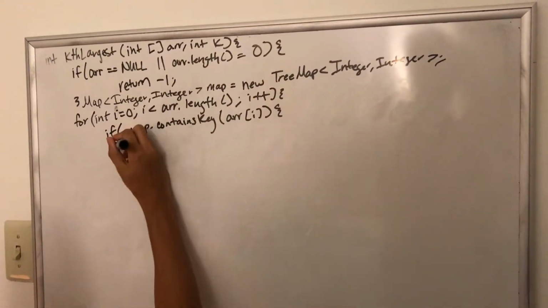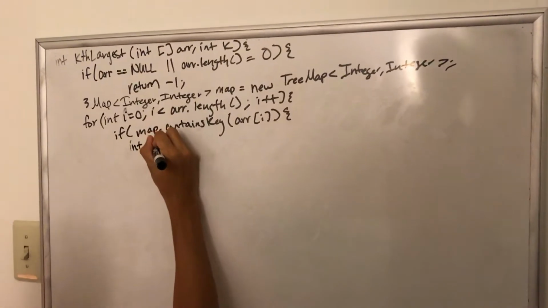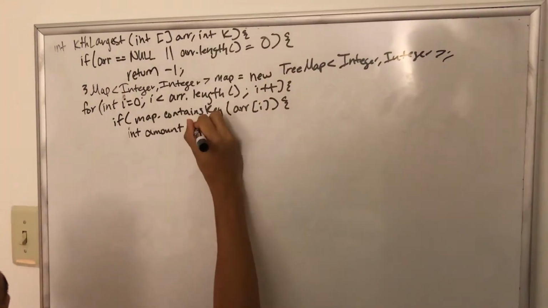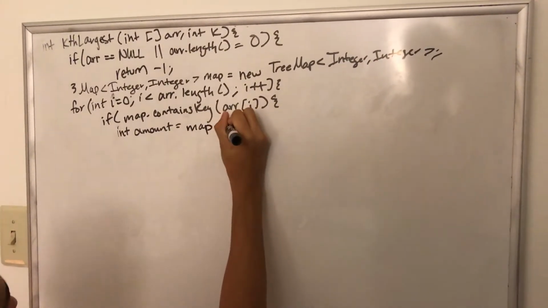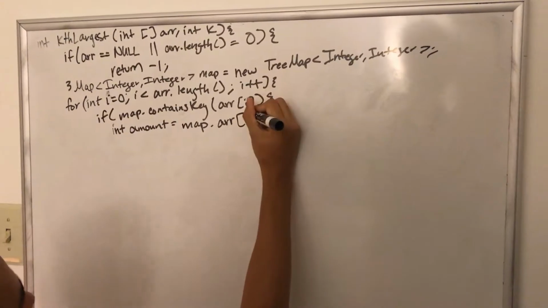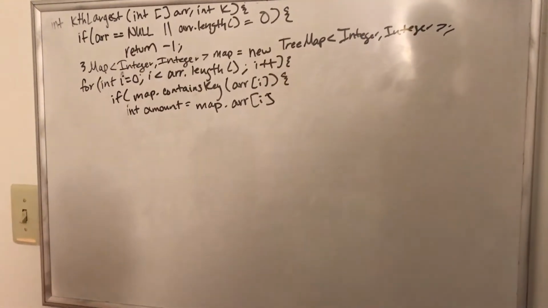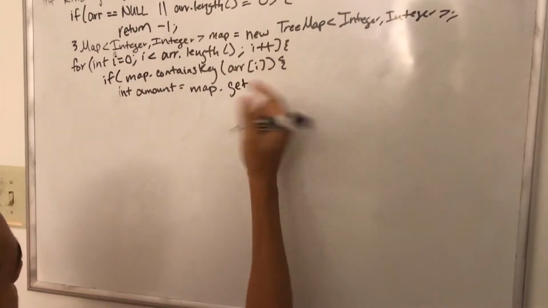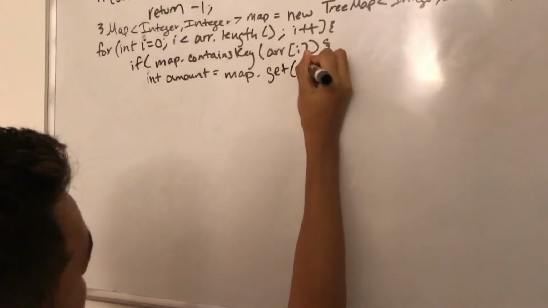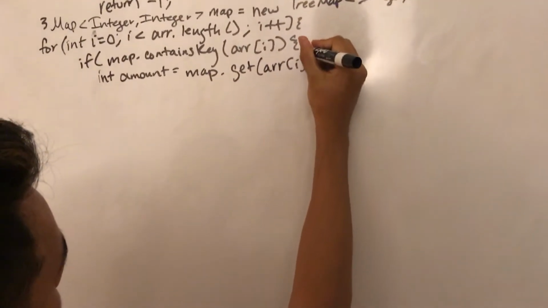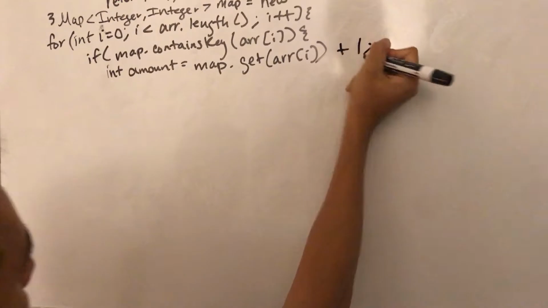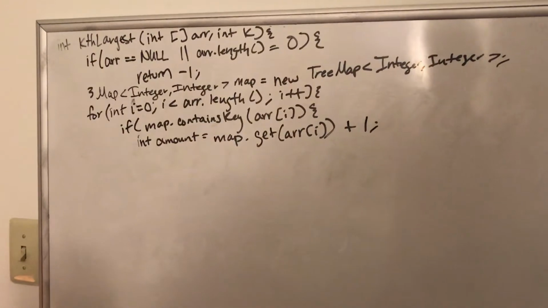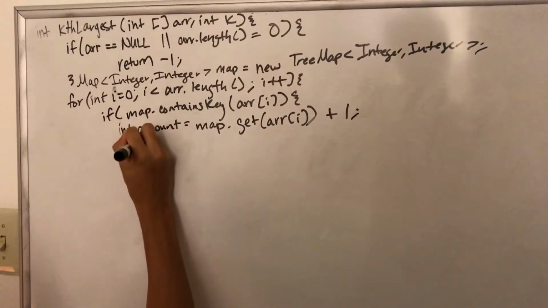I'll set up another variable, let's call it amount, and that equals the value that's already there. It should be map.get, because you're getting the value at that key. So you're getting map.get of array i, and then you increment that by 1, because you're counting another occurrence of that value, and then you put it back in the tree.